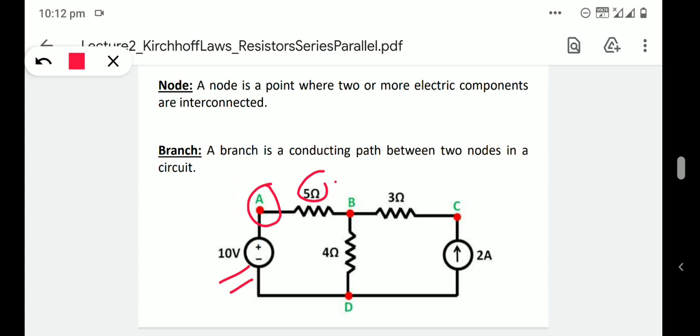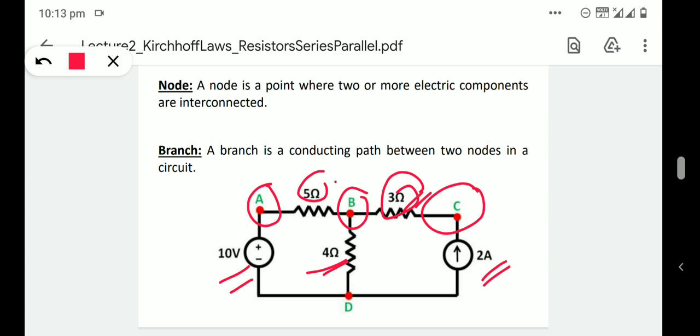Then again, the point B is a node where three electric components are interconnected. Which are the three electric components? 5 ohm resistance, 4 ohm resistance and 3 ohm resistance. So B is again a node. Then consider the point C. Here two electric components are interconnected, one is 3 ohm resistance and the other is 2 ampere current source.